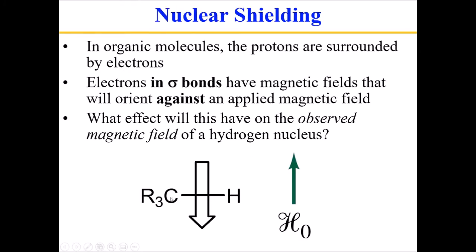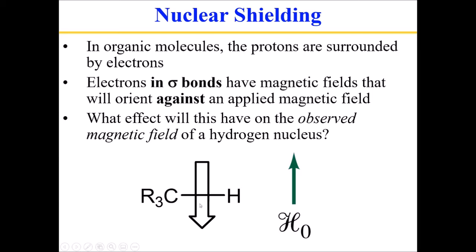So going back to this example right here, in chloroform, it would be as if I took all 3 of these R groups and replaced them with chlorines. And that would pull all this electron density so far away from this hydrogen that it really wouldn't get any substantial shielding. So instead of 100 being offset by 5, it would be 100 being offset by, let's say, 0.1.